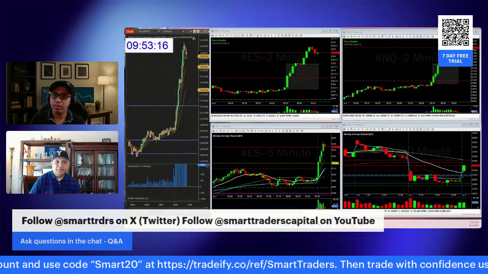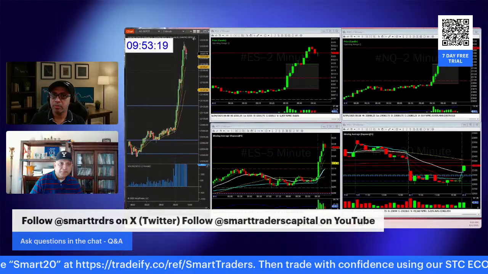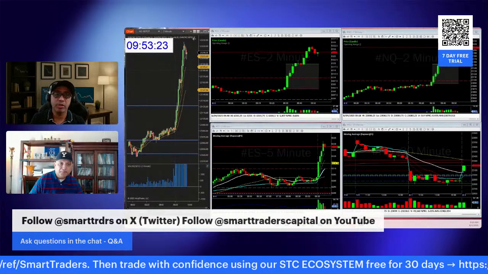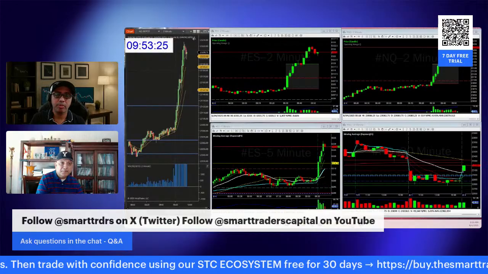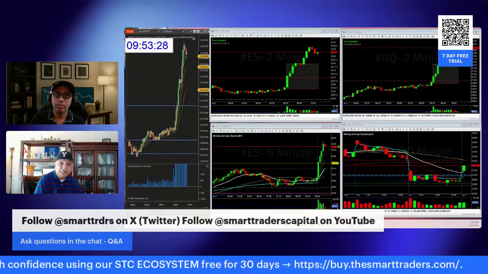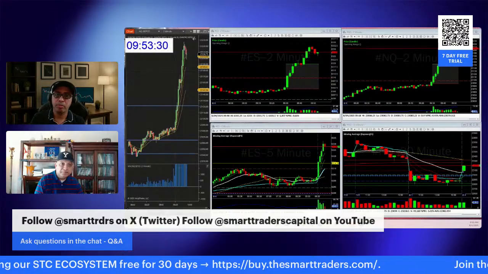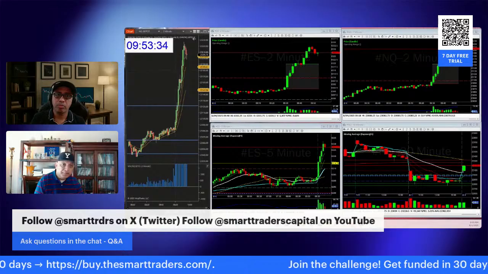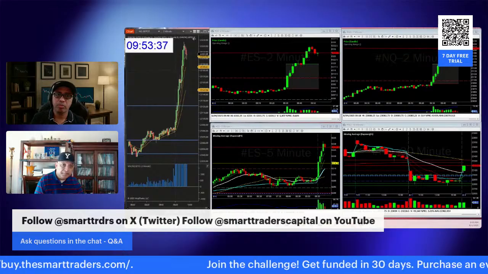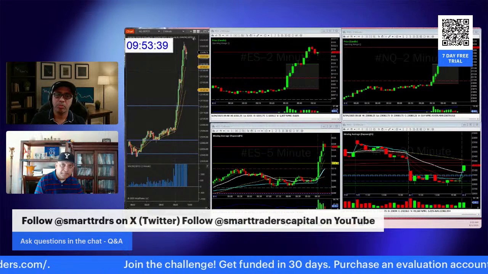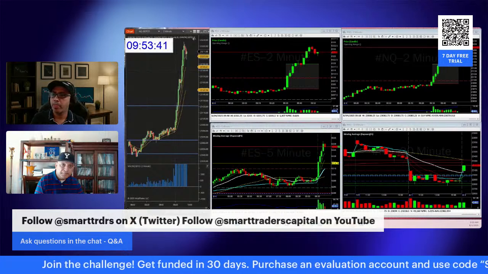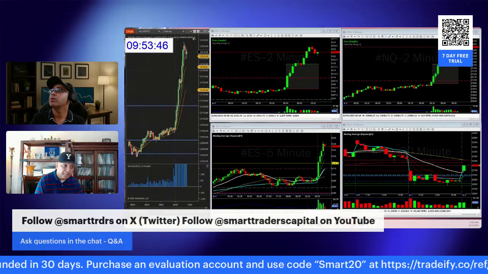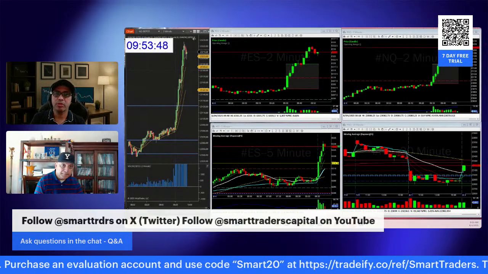Seems like another leg up. It's holding 23,200 again. Seems like another leg up. ES is still holding that. Another 15 more seconds.